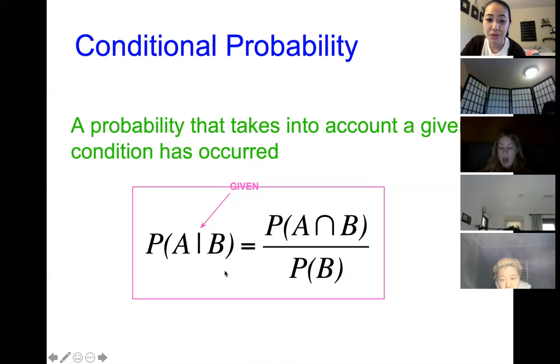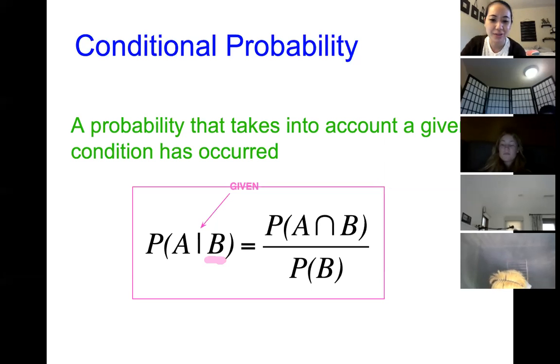That means you know that this is already true. You're given that B has already happened. You know it's true, and now you want to find the probability that A happens.